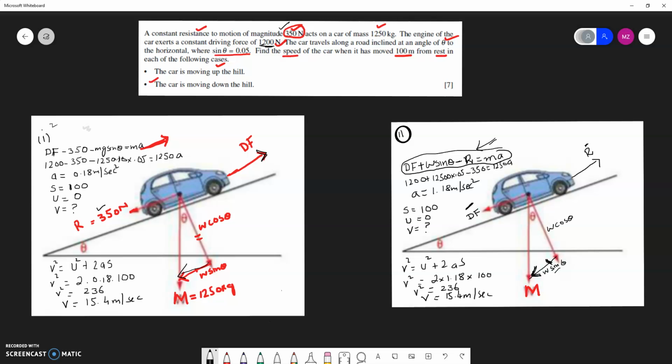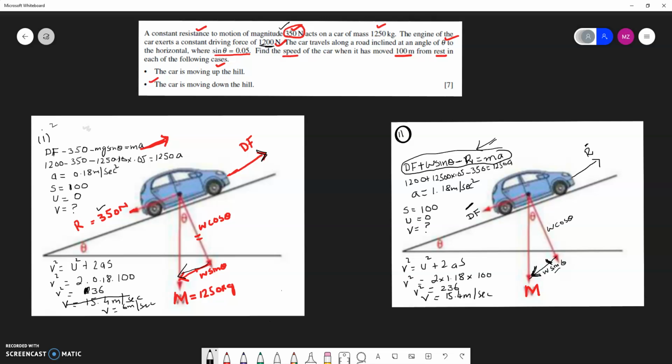Well, in this case, I think it is not 236. It will have a different value, some other value, I think so. V square is equal to 36. In fact, it's not 236, it is 36, and the value of V will be equal to 6 meter per second.